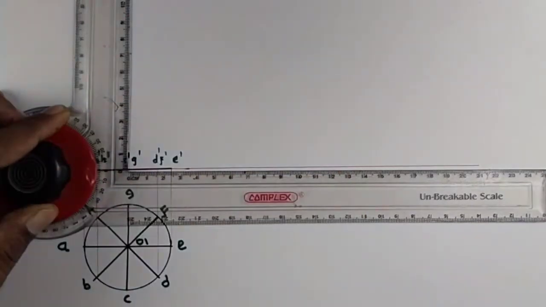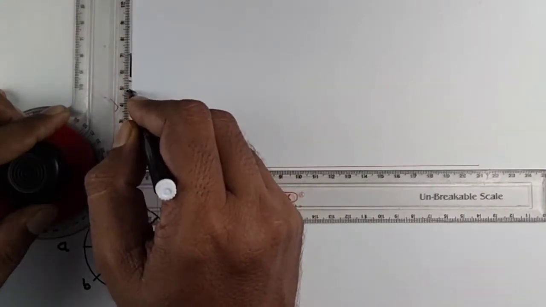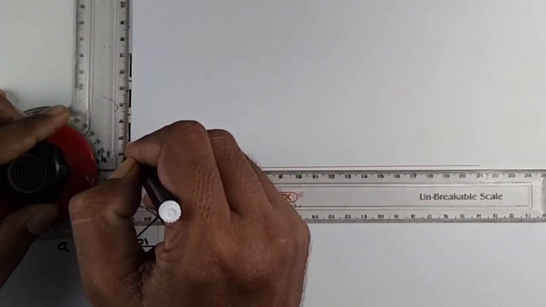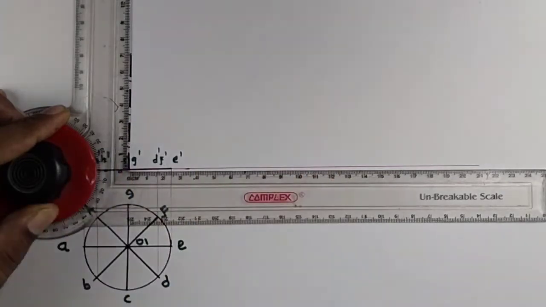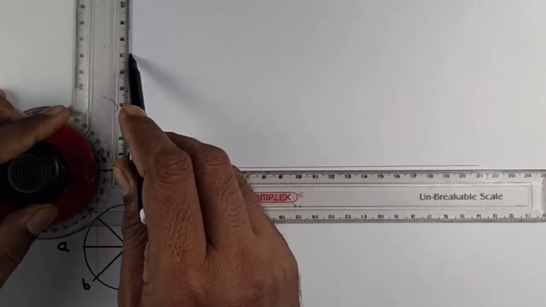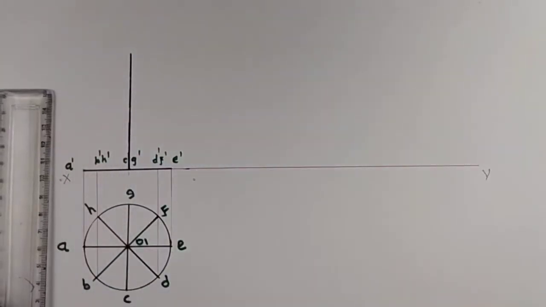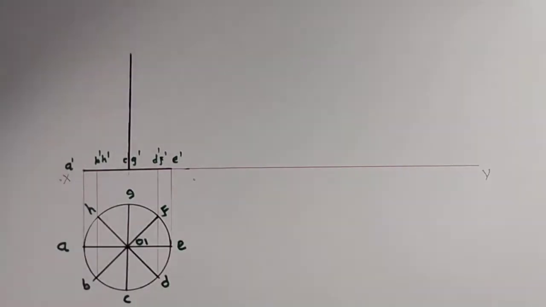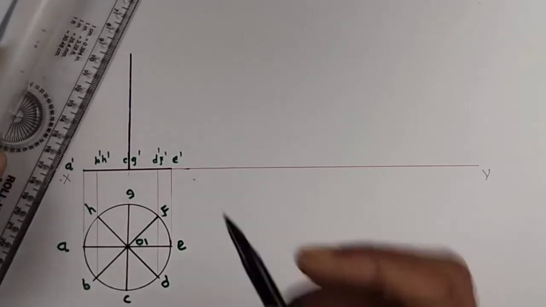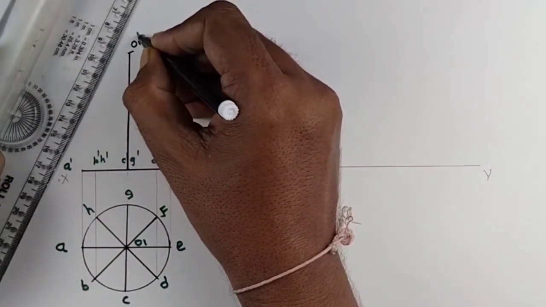This is 70 mm, and the axis is always shown as a dotted line, but C dash G dash appears on the same axis, so the axis looks like a dark line. The remaining generators we can create.